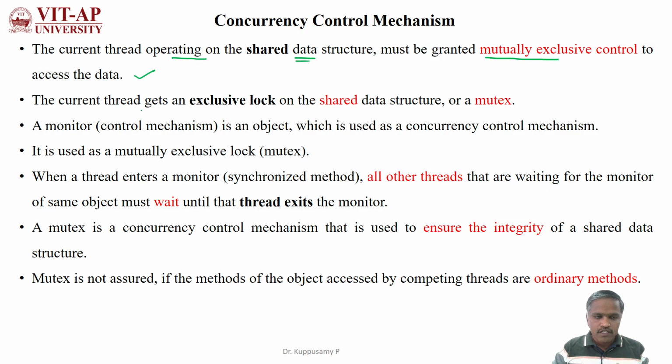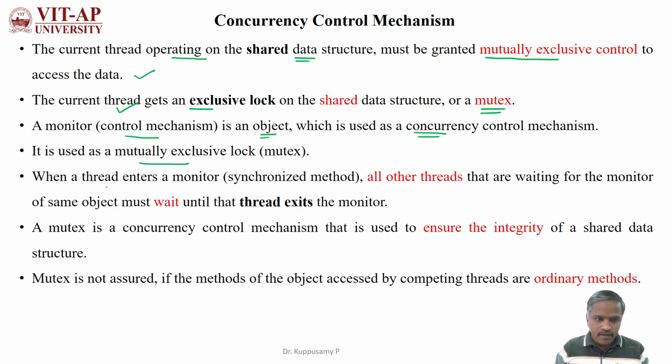So when you use the mutual exclusive lock on the current thread, we can say that particular thread has that mutual exclusive lock. Then we can enforce the monitor mechanism, that is the control mechanism, on that particular object to get concurrency control, which is enforced by using the mutual exclusive lock.